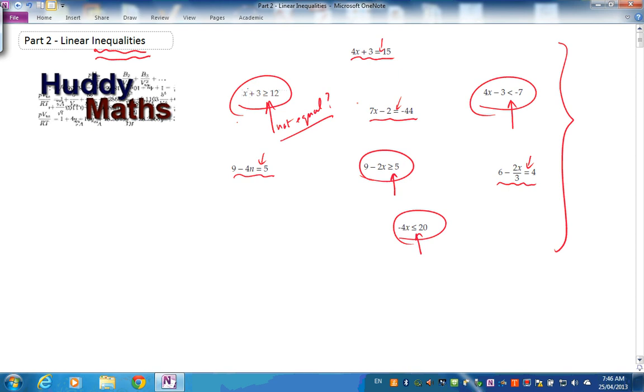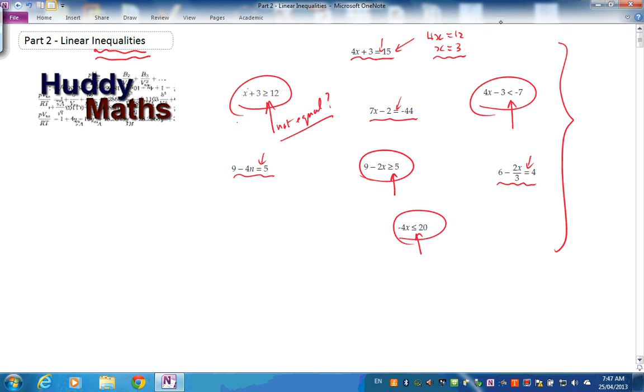Because if you're looking at solving this equation, you'd say 4x equals 12, and then x equals 3. That's one particular value of the variable x which works in that equation. Most x's don't.